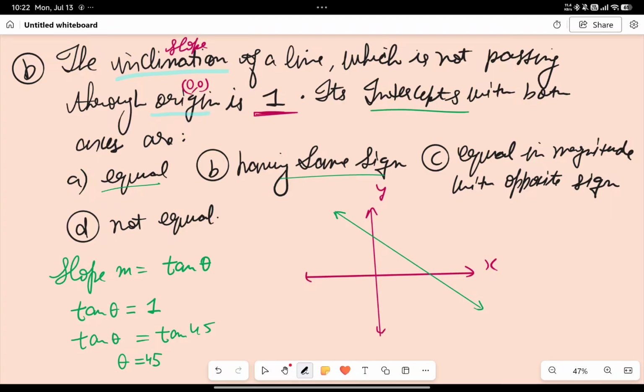You can see that if theta is 45, it means that the slope is 1. Simple.